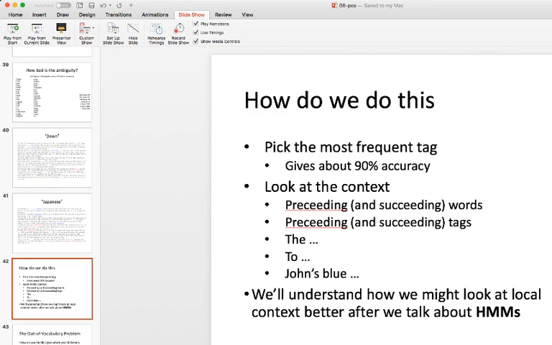So if I say the, and you're to fill in what the next word could be, what are the options? Could be a noun or it could be an adjective. Or what about to?